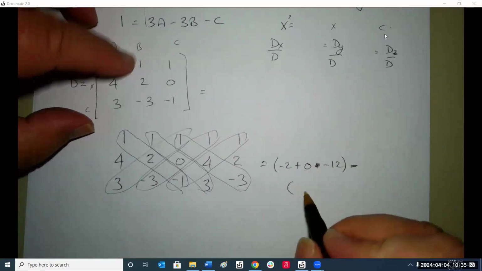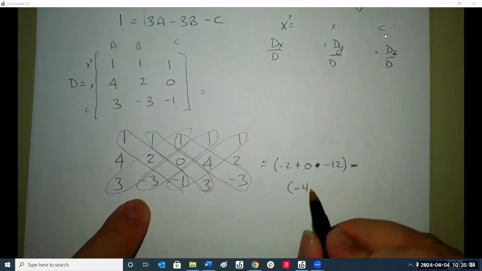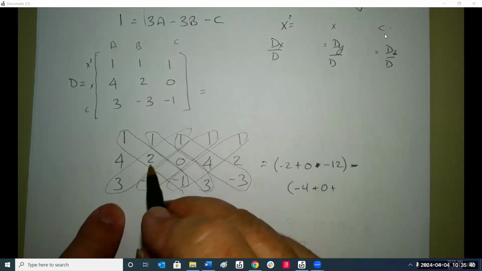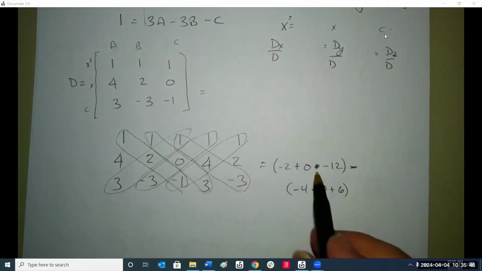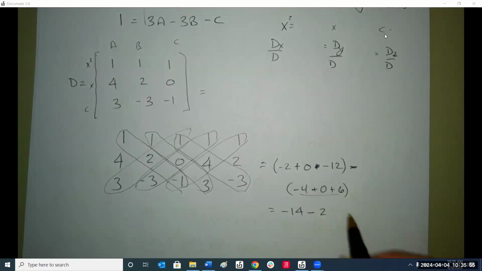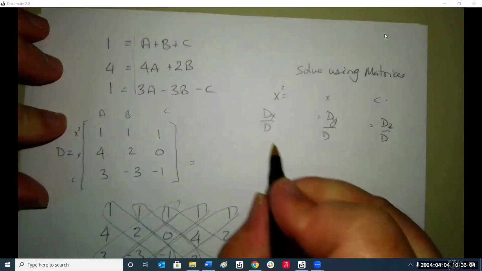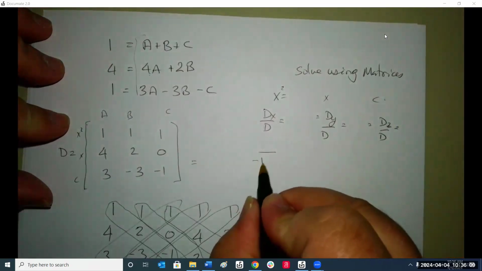I multiply all these. -1 times 4 is -4. -3, so it's 0. 3 times 2 is 6. So I multiply all those, add them together. So here I have -14 minus 2. My d value is -16. So that's going to be on the bottom, -16.